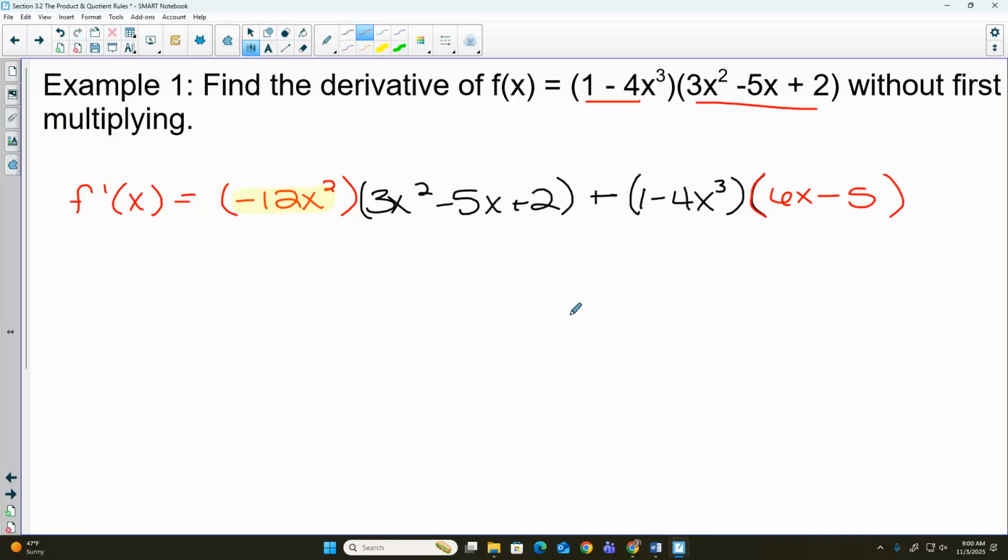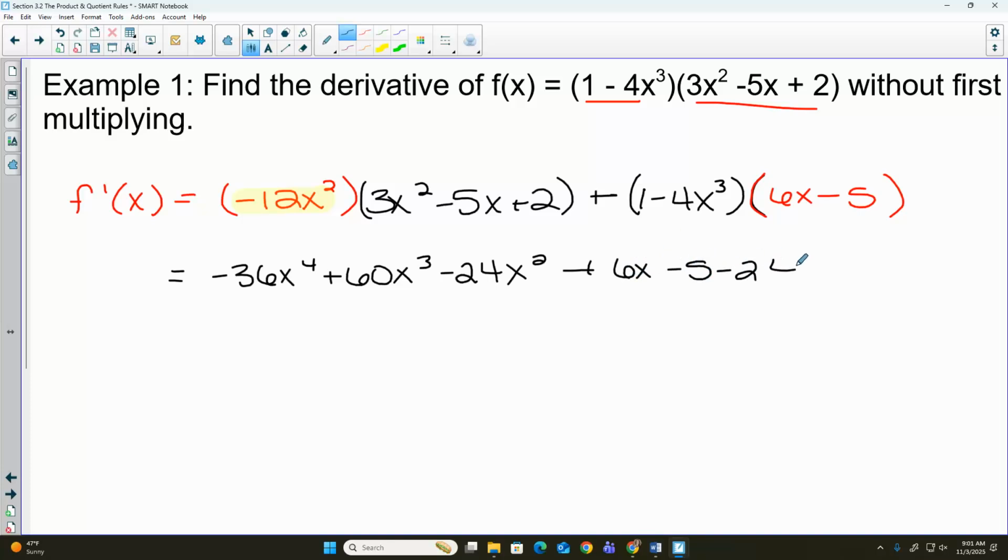Could we simplify from here? Yeah, at this point you could now multiply things out. So that would be negative 36x to the 4 plus 60x cubed minus 24x squared. How would I simplify the second one? What would I have to do? FOIL that. So we get 6x minus 5 minus 24x to the 4 plus 20x cubed.